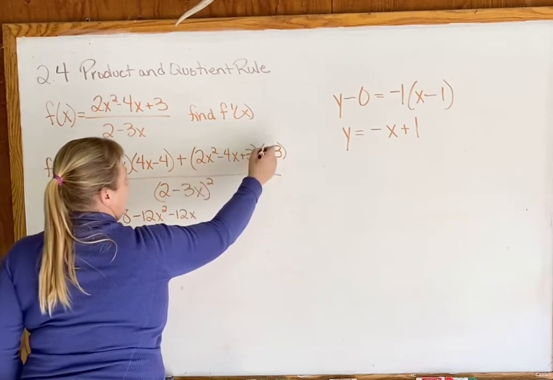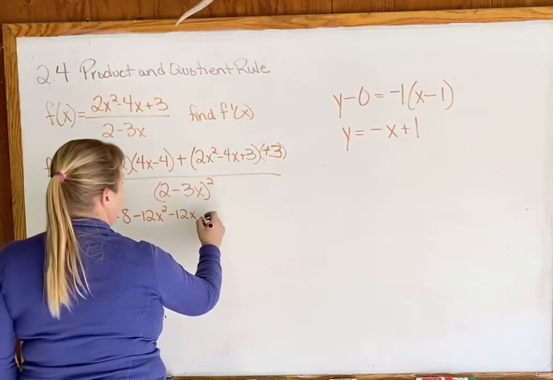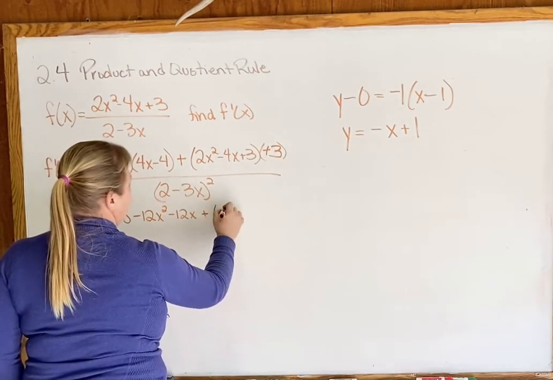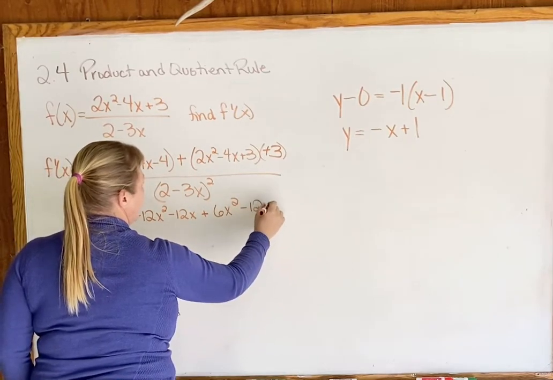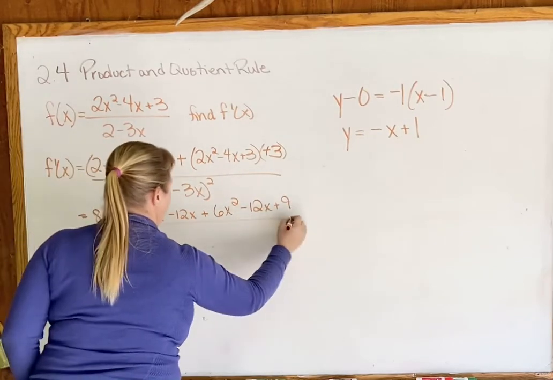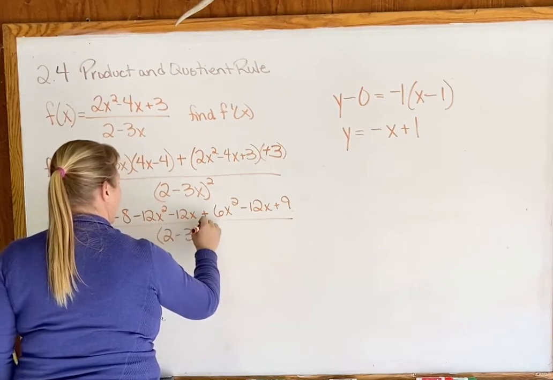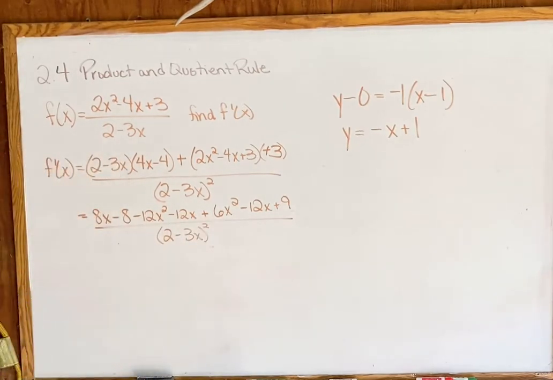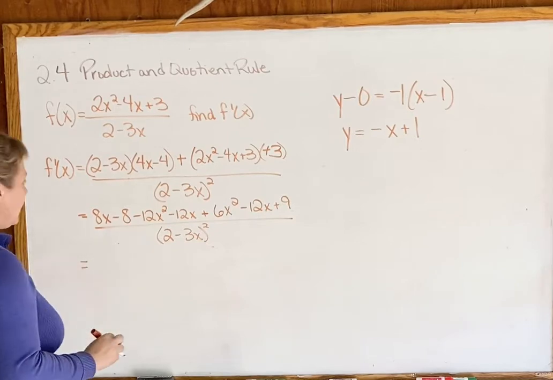This minus and that minus will change it into a plus, which is really nice. So then we'll just have plus 6x squared minus 12x plus 9, over 2 minus 3x squared. Okay, so some FOIL and some distribution, and now let's see what we've got here.